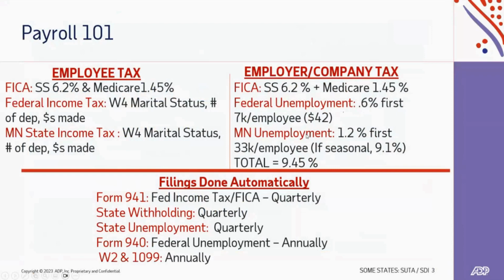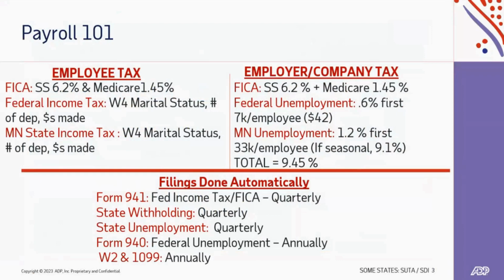And then Minnesota unemployment is usually 1.2% of the first $33,000 per employee per year. If they're seasonal, like construction, sometimes it goes up to as much as 9%, but that's up to Minnesota unemployment to give them that rate. So the total then that the company pays on top of what they pay the employee is 9.45%.